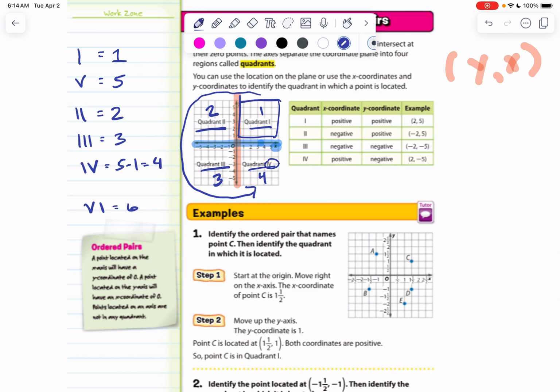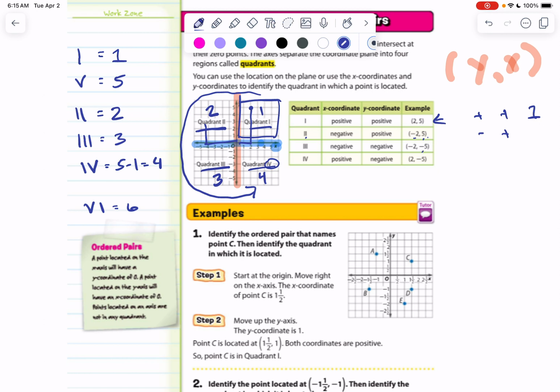So look at this one right here. 2 and then 5. We can count on it that a positive number is quadrant 1, okay? Look at this one. It's negative, then positive. So we go in the negative direction and then the positive. We end up in quadrant 2. So quadrant 2 is always negative, positive.